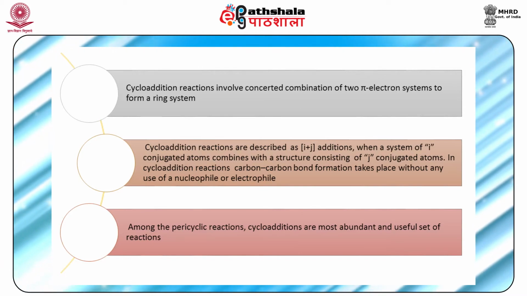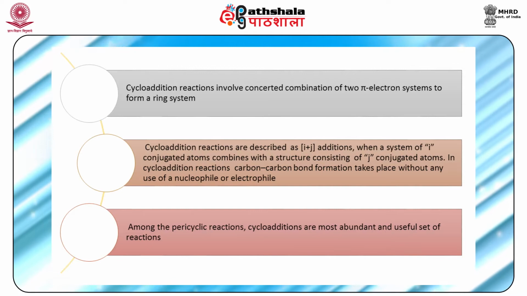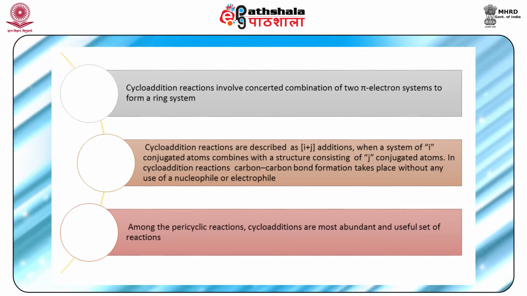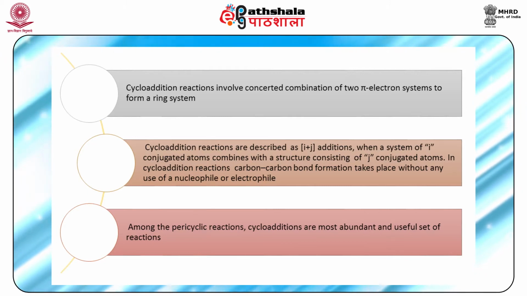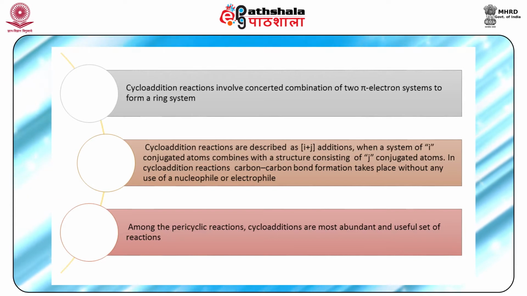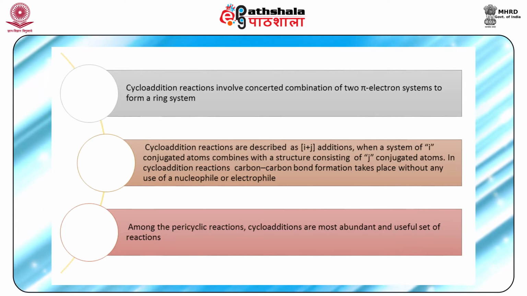In cycloaddition reactions, the carbon-carbon bond formation takes place without any use of a nucleophile or electrophile. Among the pericyclic reactions, cycloadditions are the most abundant and useful set of reactions.